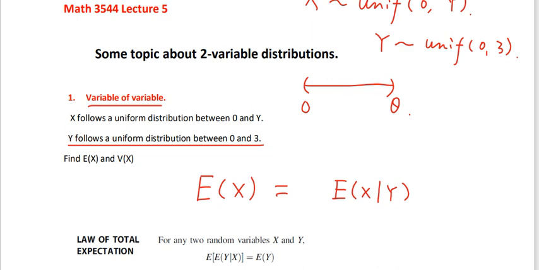And this is a variable of y, right? Then we also need to take the average, the expectation. We call this the double e theorem. Some textbooks call it the double e theorem.